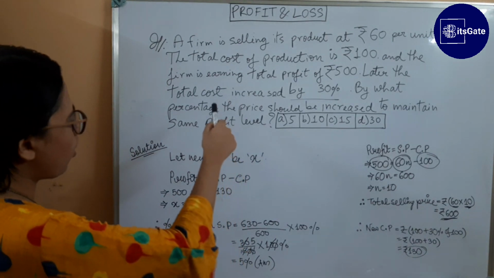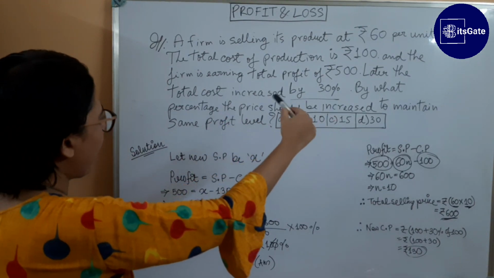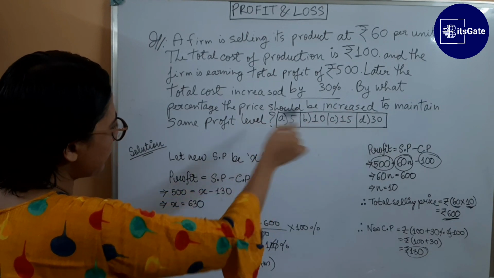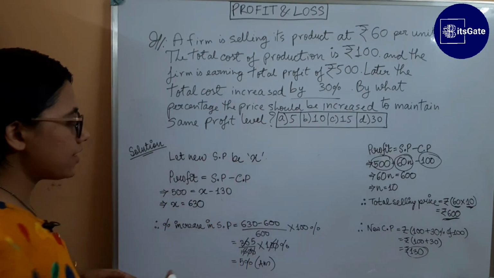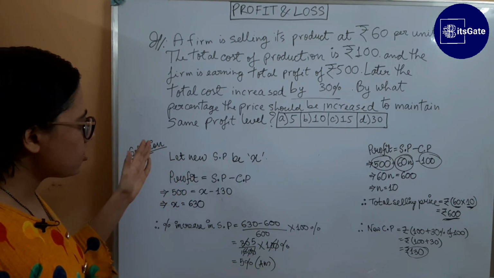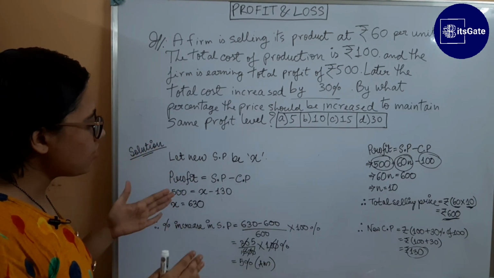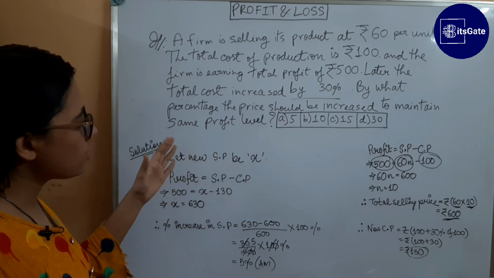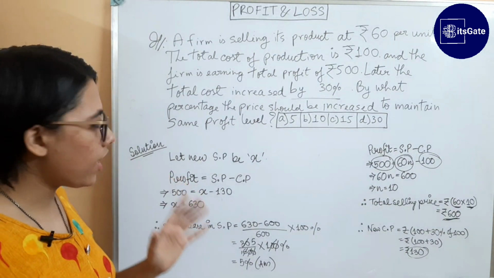So now in the problem, it's said that by what percentage the selling price should be increased to maintain the same profit level. That is, we will get a new selling price which will be such that the selling price minus the new cost price or the cost of production will give the same profit, that is rupees 500.